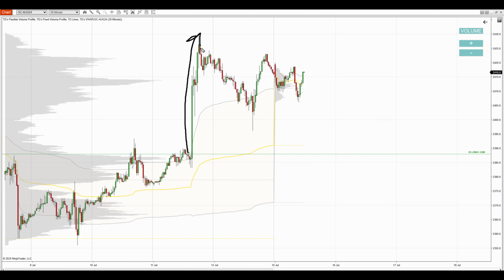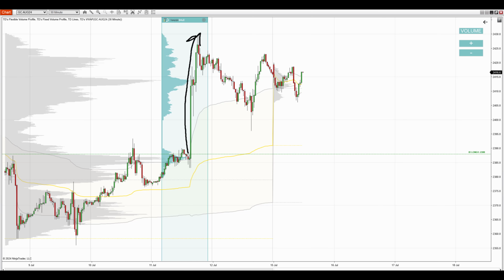So this is telling us that buyers were building up their long positions there, especially if you look at the volume profile in here and this rotation before this strong buying activity. So they were building up their long positions in here, and then they started to push the price aggressively upwards.